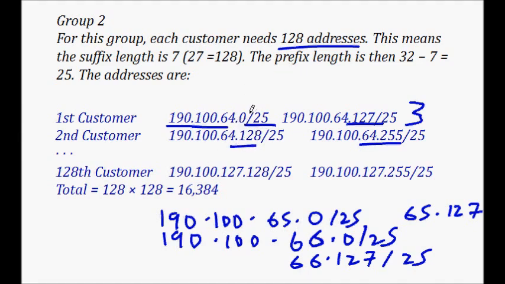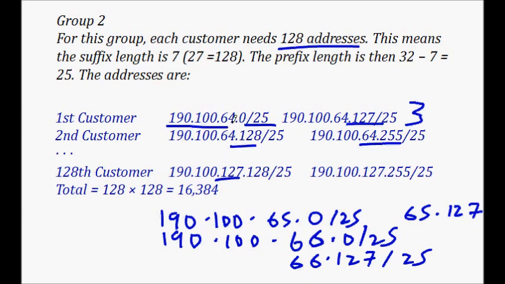And we need to have 128 such customers. So from 64 till 127 we will have all the 128 addresses, because 64 will take care of 2 such groups, 65 will take care of 2 such groups.